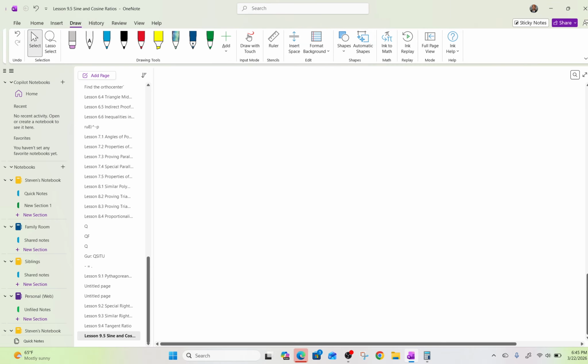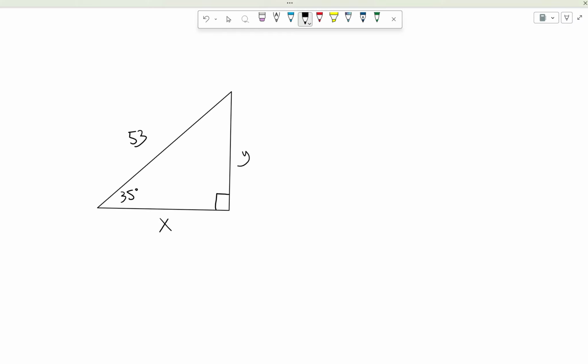Last two examples we have here. We have y, we have x. This is 35 degrees, and this is 53 as a side length.